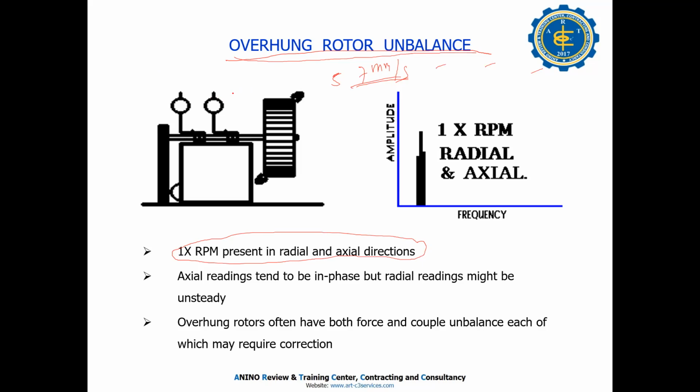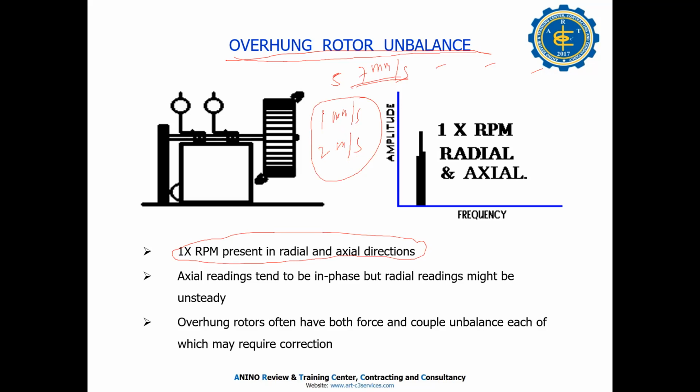experience in the plant. Because normally a new bearing, new equipment, should be 1 mm per second, right? 2 mm per second. New motor, new bearings. That's it. But in overhang, no, it is higher.